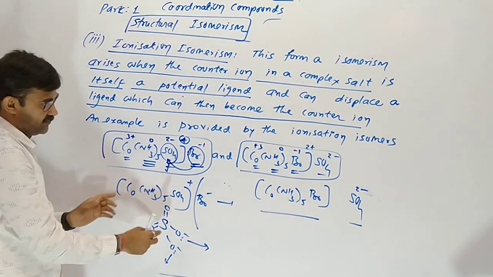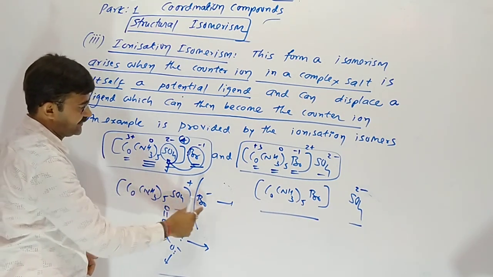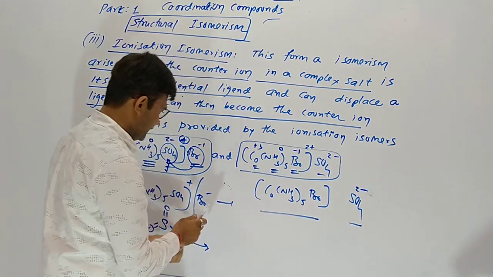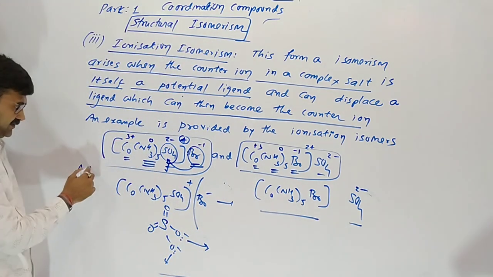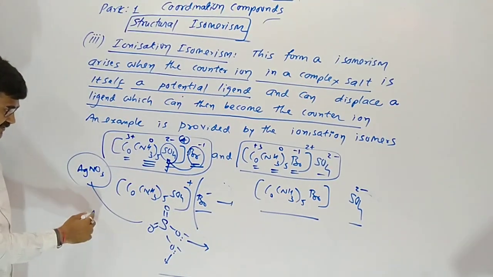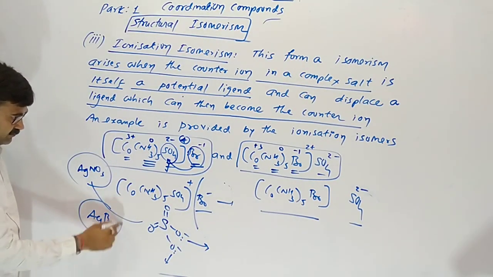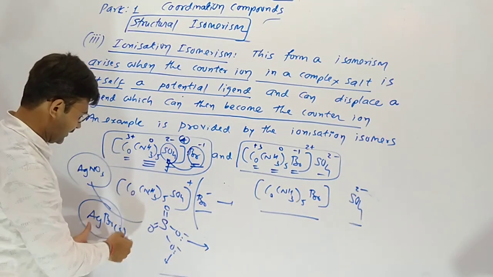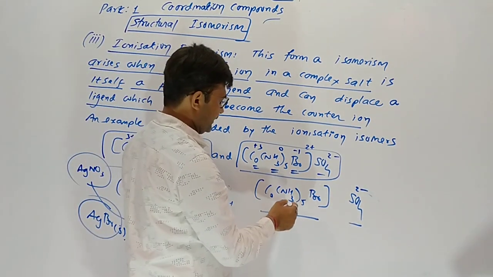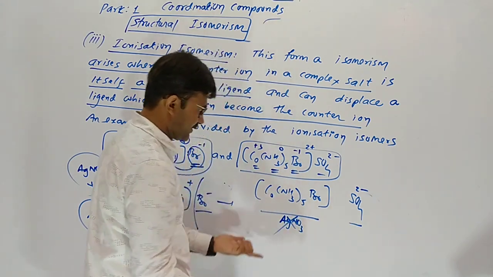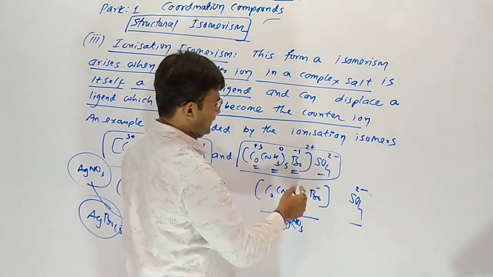When it dissolves into water, it gives the positive entity and the bromide ion. When we add silver nitrate, it gives a precipitate of silver bromide, a yellow colored precipitate, an insoluble salt. When we add AgNO3 here, it does not give AgBr. Why? Bromine is inside the bracket.